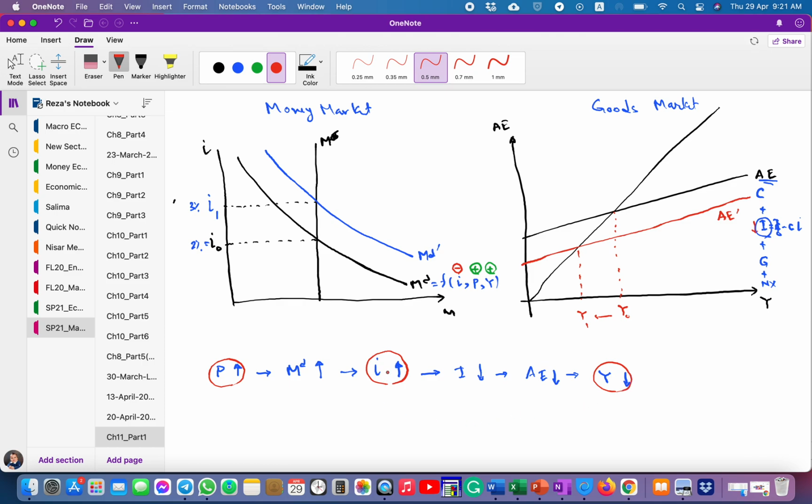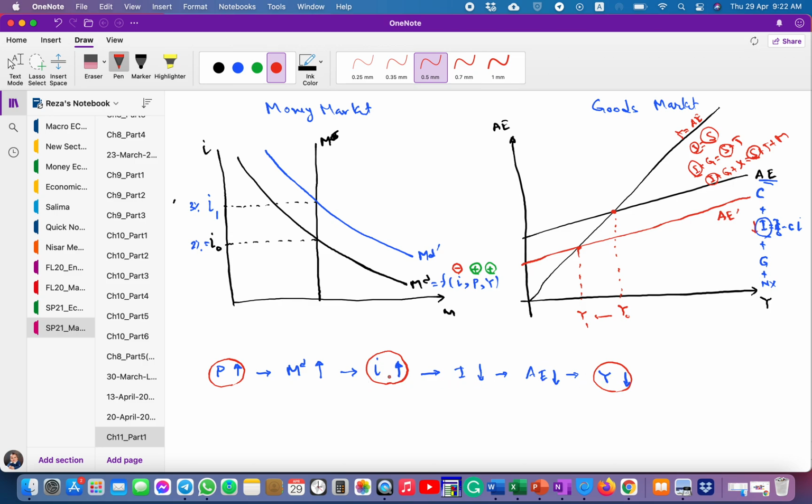Either we can show the relationship between interest and output in one diagram, and we would call it IS. Why IS? Because it's showing that the equilibrium condition is fulfilled: Y equals aggregate expenditure, or I equals saving, or I plus G is equal to S plus T. Or with trade, I plus G plus X is equal to S plus T plus M. So always you take the IS, investment and saving.